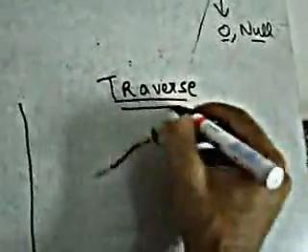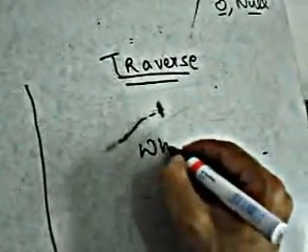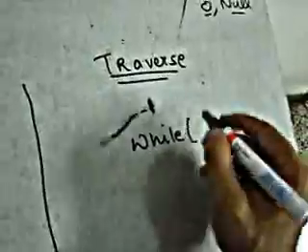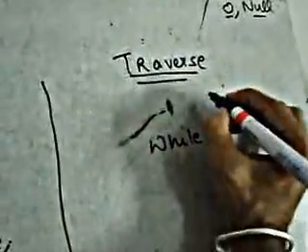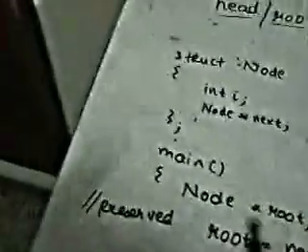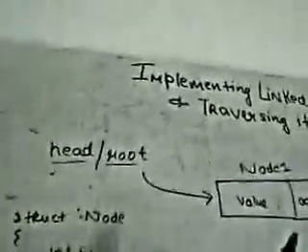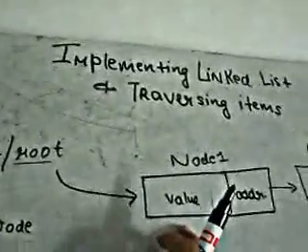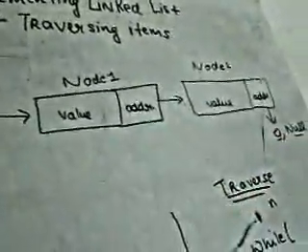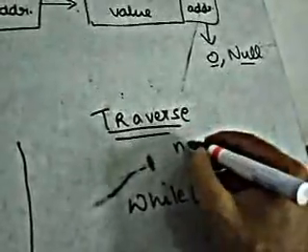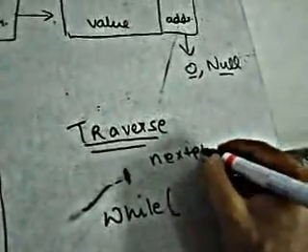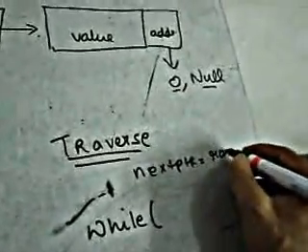So I will use a while loop here, but before it I have to use the root which I have preserved earlier, so that I can point to the starting address of the node and traverse the list. Next ptr equal to root.